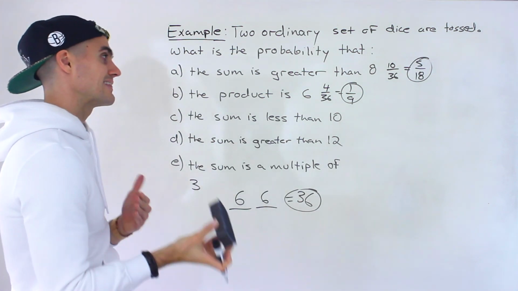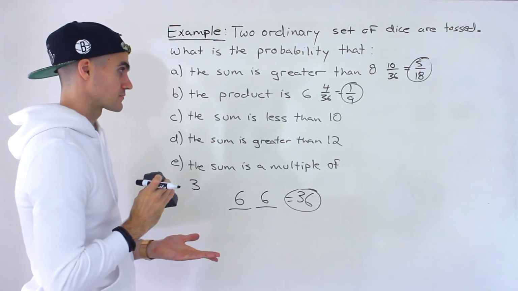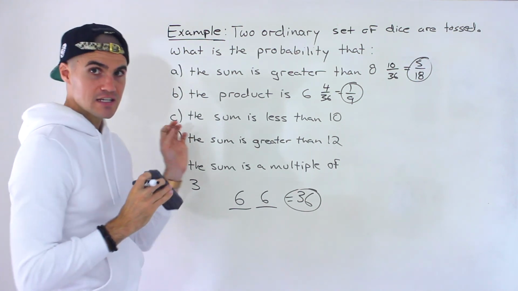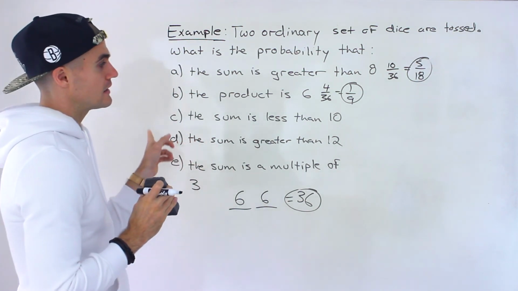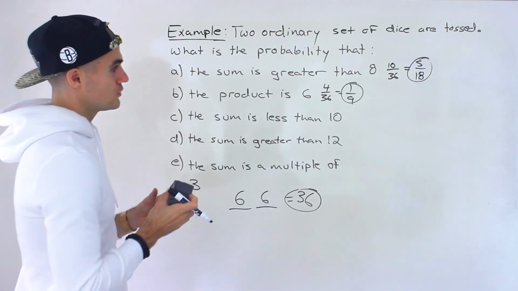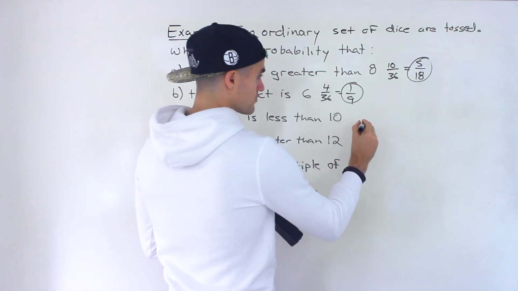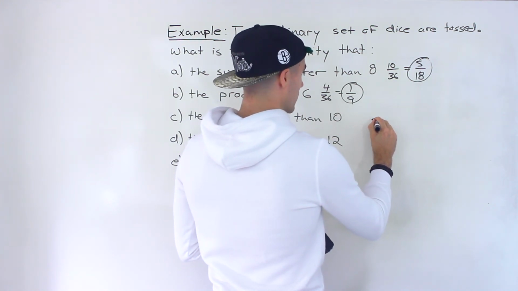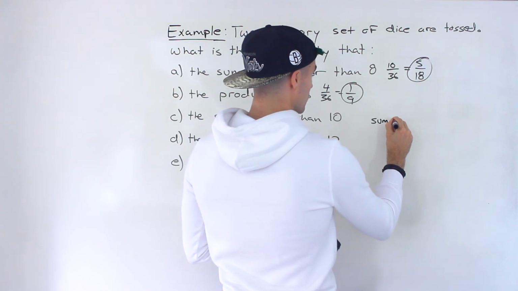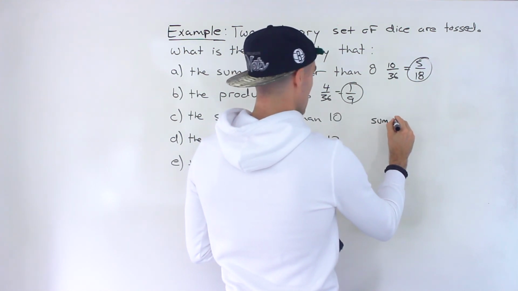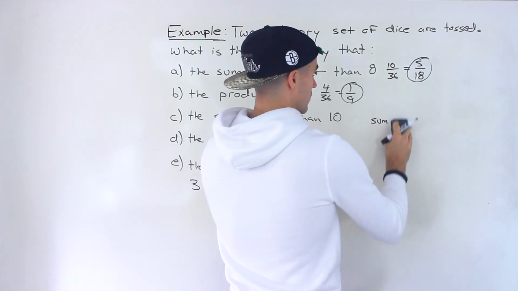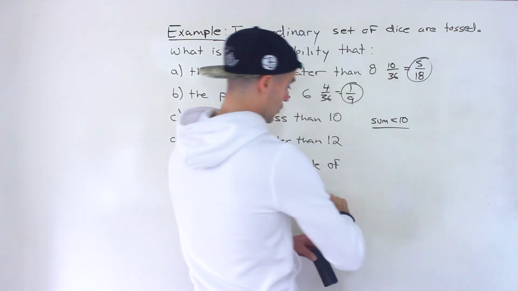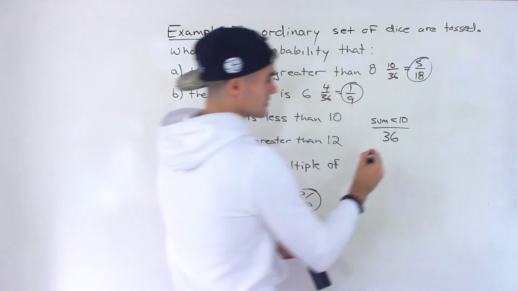The sum is less than 10. Now, in this case, I feel it's easier to do it the indirect way. So to get this probability, you could find the number of possibilities where the sum is less than 10 and take that over the total number of possibilities, which would be 36.